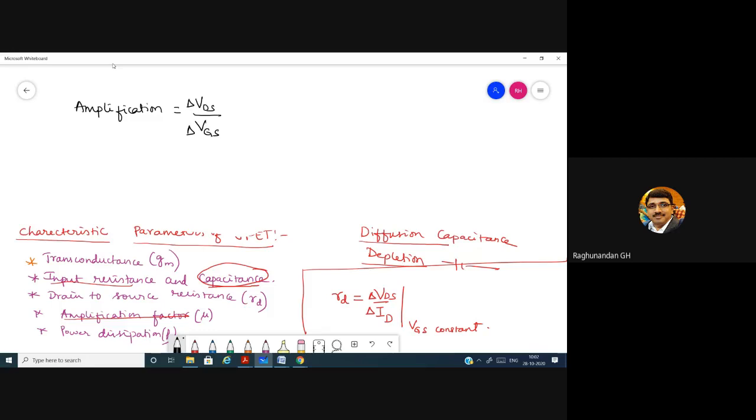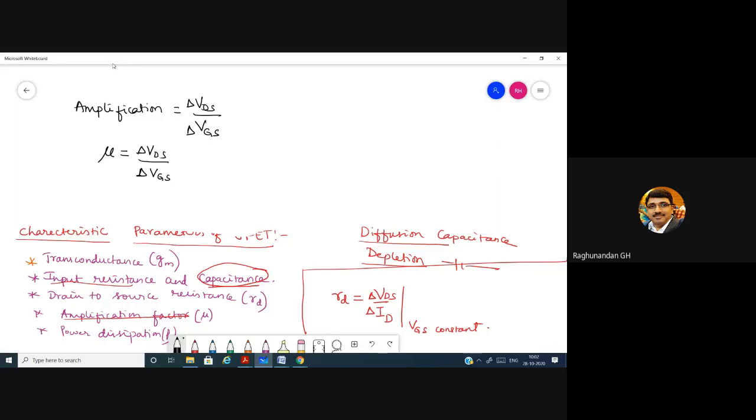So the rate of change of drain to source voltage with respect to the change in gate to source voltage is the amplification factor. In JFET it is expressed by mu. Delta VDS by delta VGS.